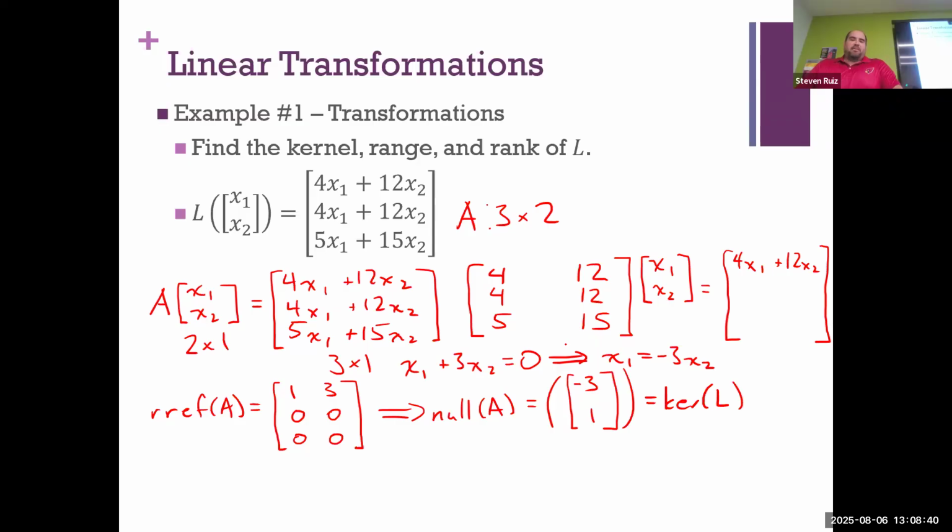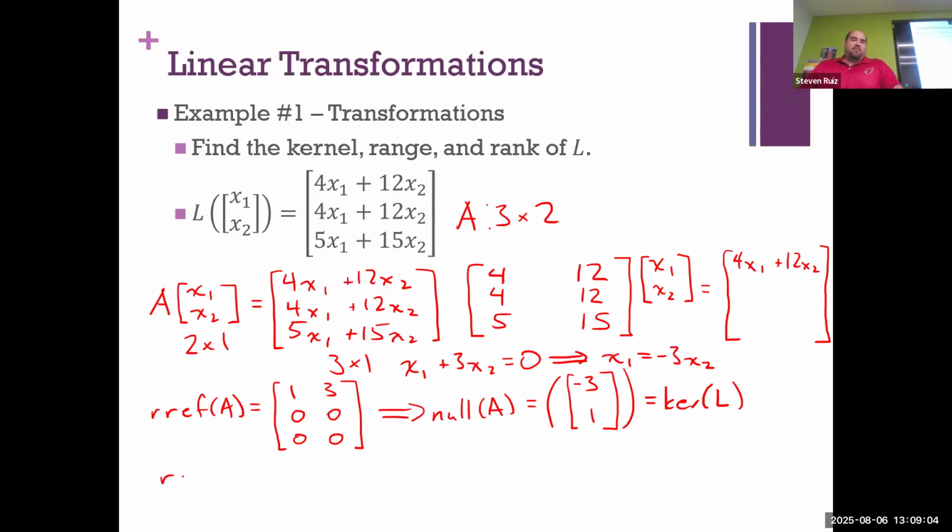So how can we find the column space of A? What's that? It's a column of the pivot, which is 4, 4, 5, right? And in reality, you could use 12, 12, 15 as well, because like we said, they're identical.